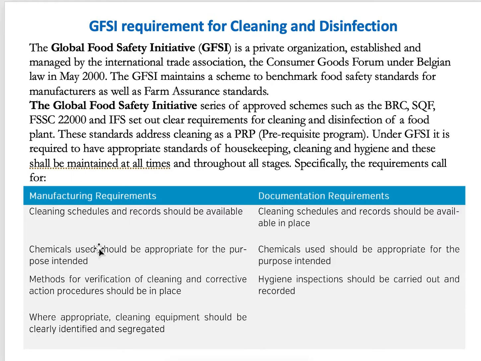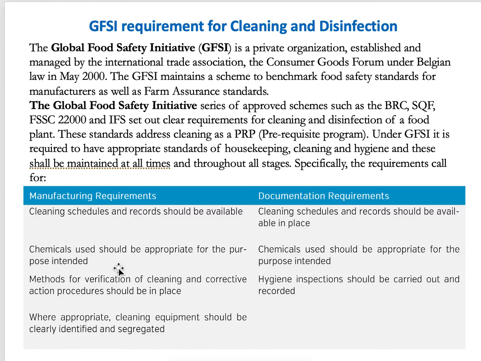This table lists those requirements. The left side is for the manufacturer, and the right side is for documentation purposes. First, manufacturing requirements: cleaning schedules and records should be available. Chemicals used should be appropriate for the purpose intended.